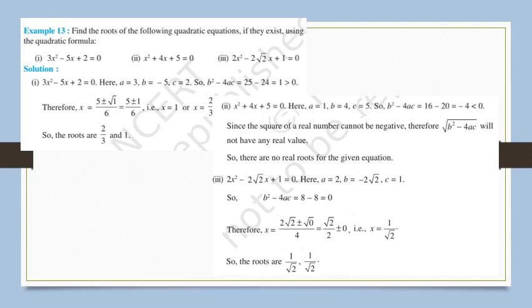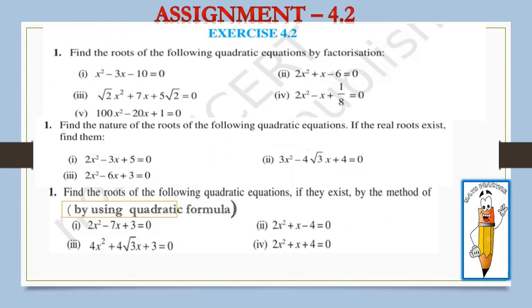And if you find this by the quadratic formula, then also, dear students, you will get the root as x equals 1 by 2. So what are the roots of the quadratic equation? 1 upon root 2 and 1 upon root 2, because D equals 0, so the roots are equal. So in this way, with these 3 conditions, we can use the quadratic formula.